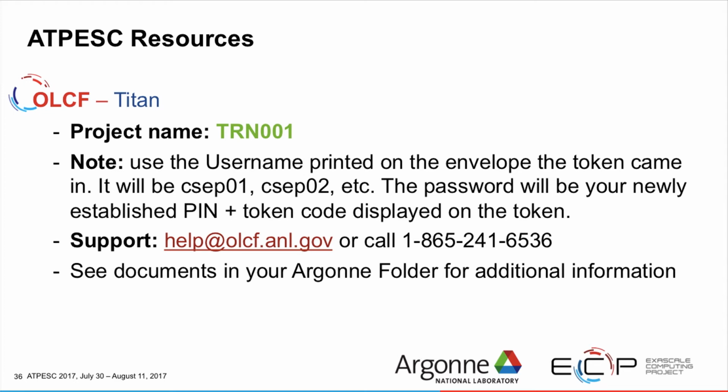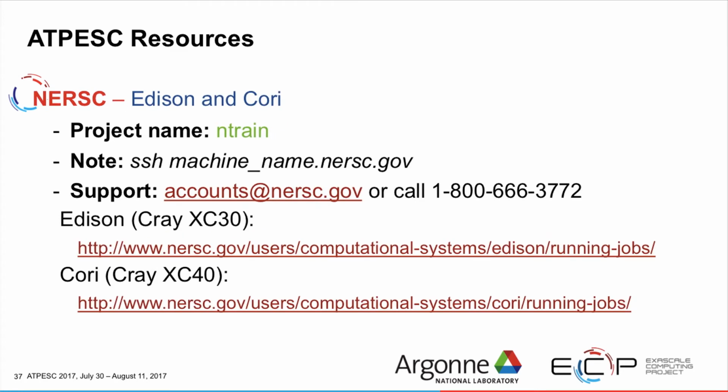After I speak, I'll let Jack from OLCF speak for a few minutes about that, so I won't dwell on it. From NERSC, Edison and Cori are also available. The project name there is ntrain, and here are some links to their user documents on how to get started.